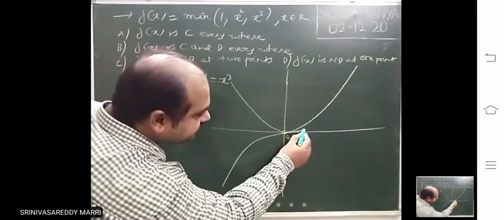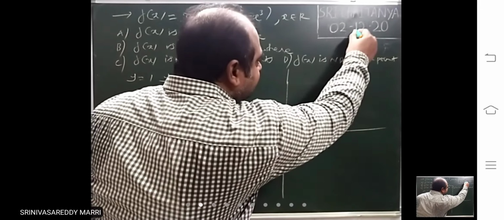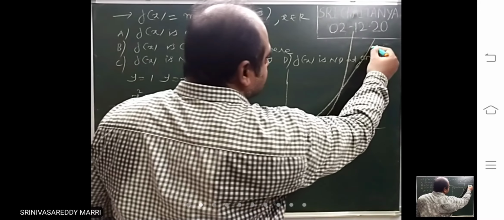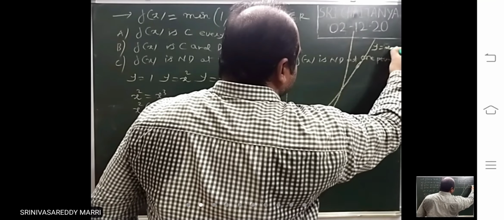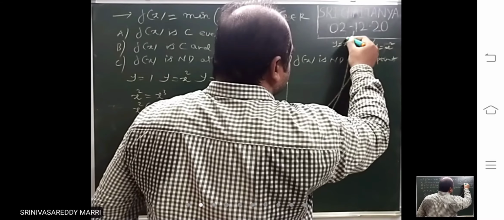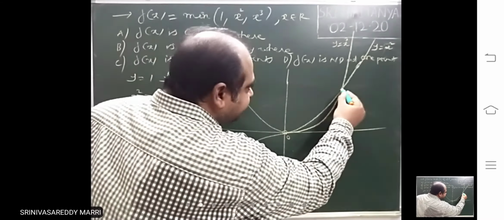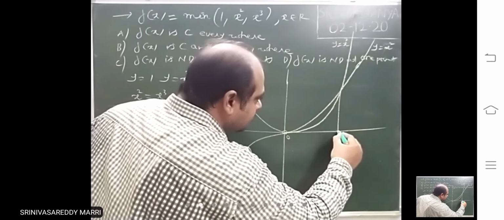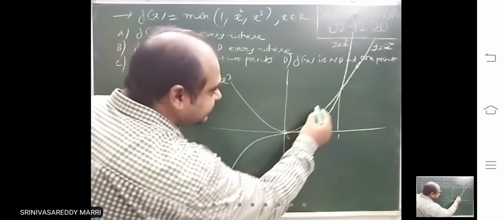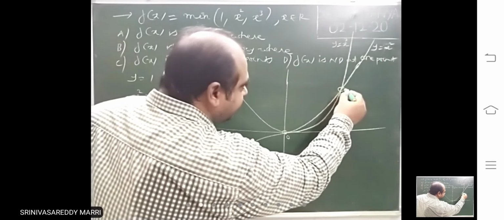Look at, this is one intersection point. What I am telling is, this is 0, this is one intersection point, this is one intersection point.